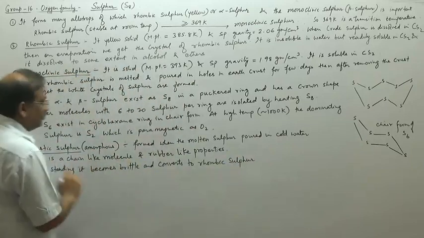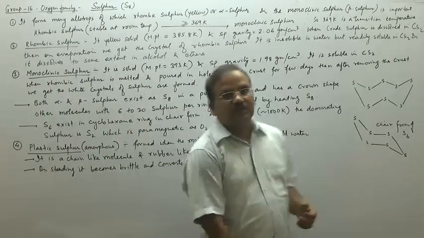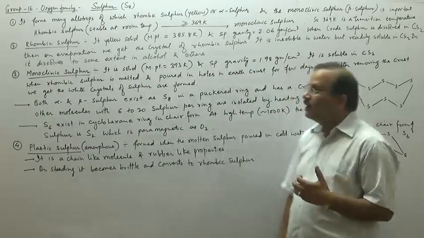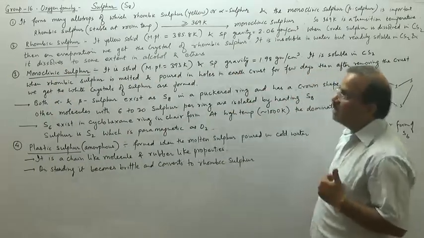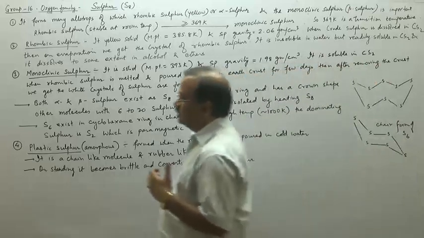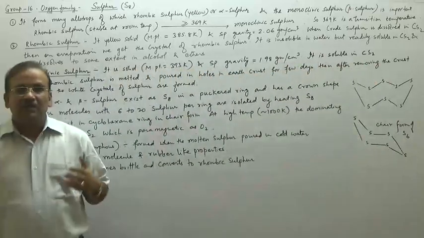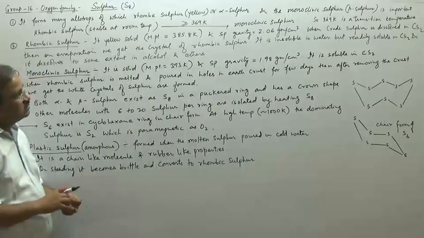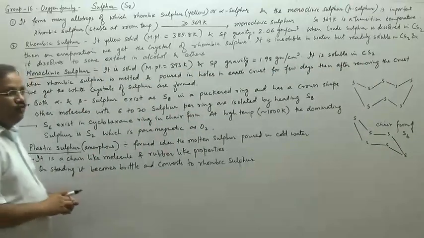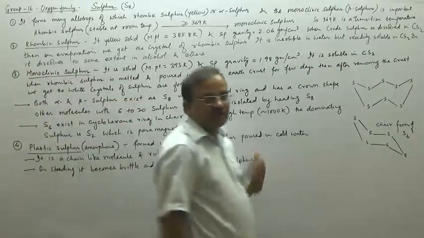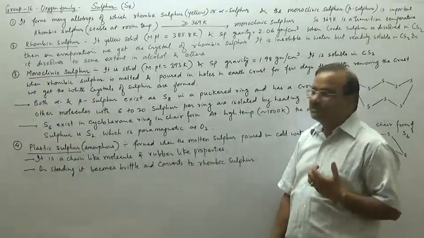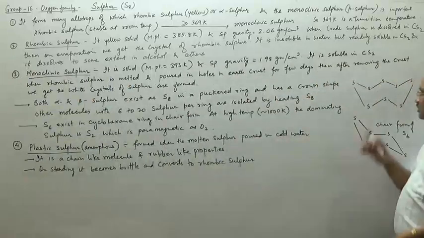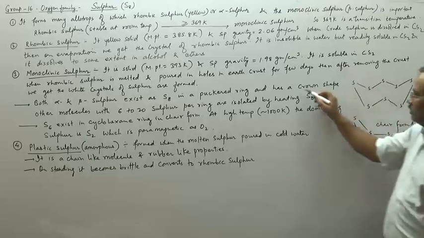This is the plastic sulfur, which is amorphous, whereas the rhombic sulfur and the monoclinic sulfur are both crystalline forms of sulfur. What we require about the sulfur is that it exists as the crown shape.